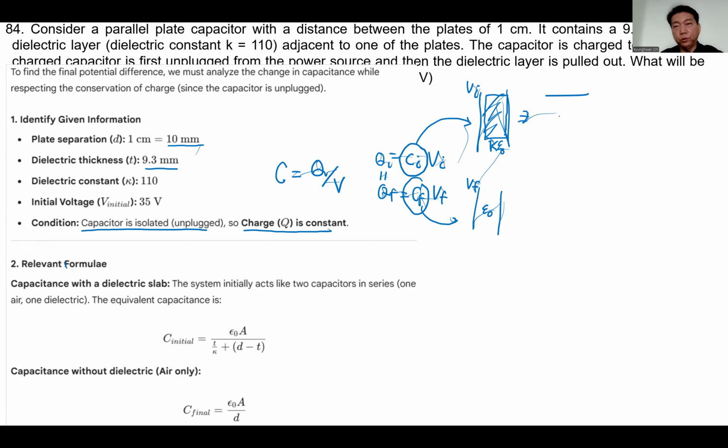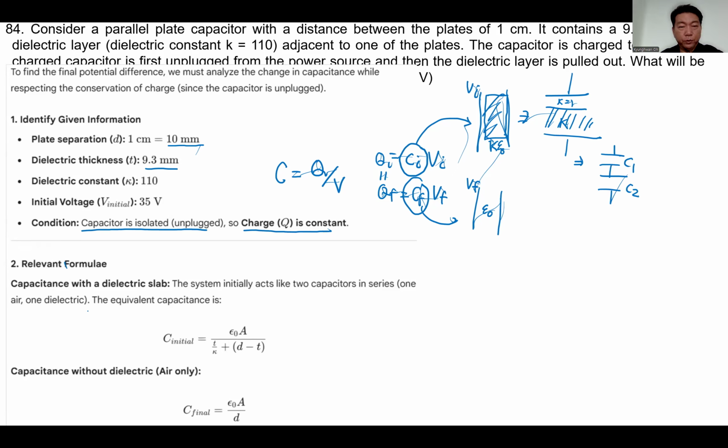If you look at it furthermore, there is a kappa equal to 1 region. And that's what we have seen before, right? So it is a C1, C2 in series.